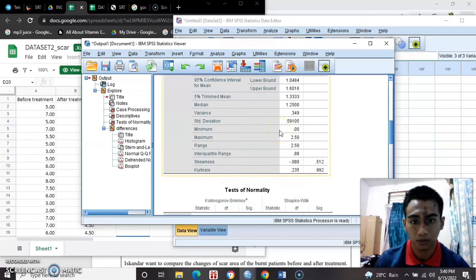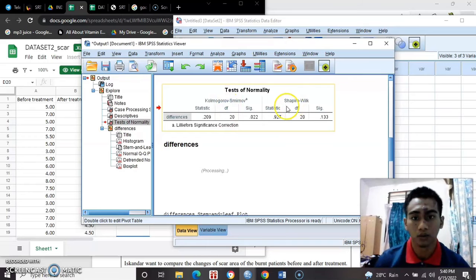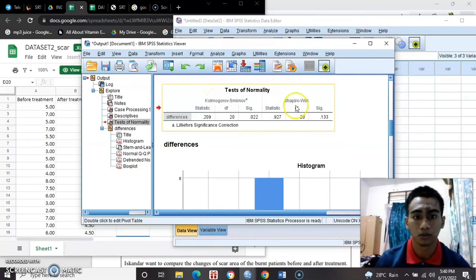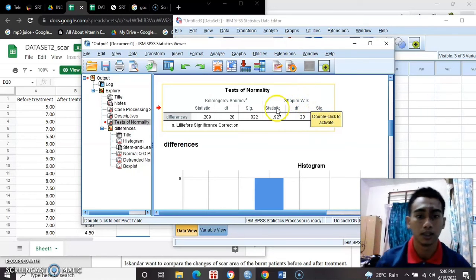Right, so we go to the table of tests of normality. So we have two, Kolmogorov and Shapiro. We need to look at the Shapiro because the Shapiro is for data with less than 50 samples. In this data there are 20 samples.